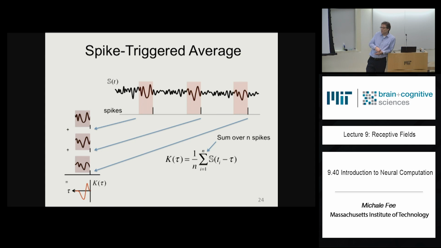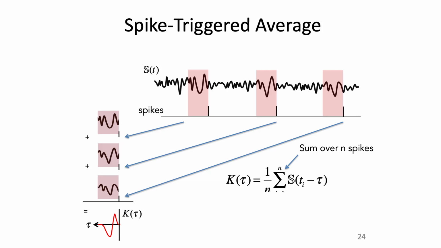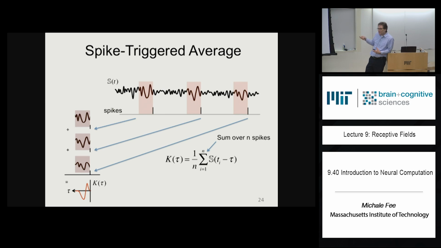Yes? Because the time they have to take will be longer than the time between the two spikes. Yeah, so I think what you're saying is that that stimulus is very slow, right? And it doesn't actually have the fast fluctuations in it that make the neuron spike, right?